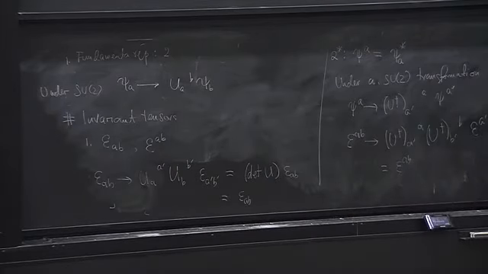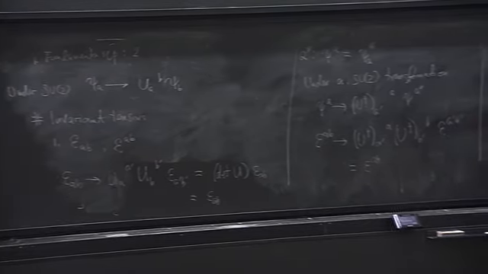And lastly, suppose I give you 2 representations. This is a fundamental, and this is, say, an anti-fundamental. And I ask, can you make a singlet out of them? What you would do is contract these 2 things, right? And you can show that if you contract these 2 indices, you get a representation of SU2 which is trivial.